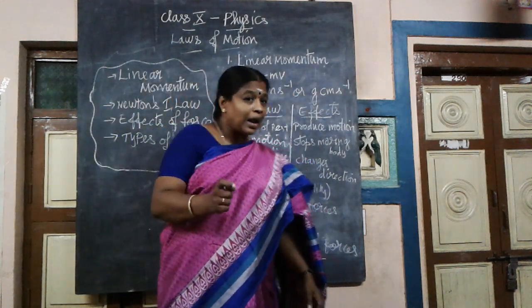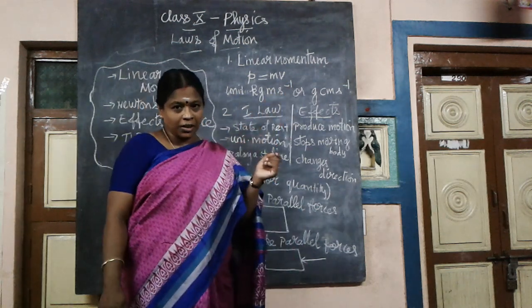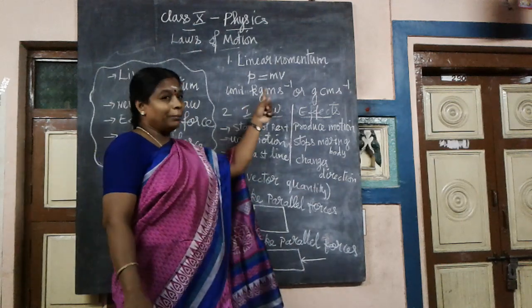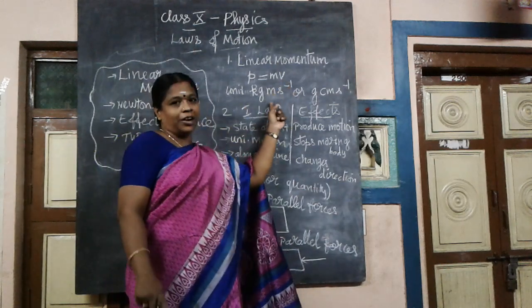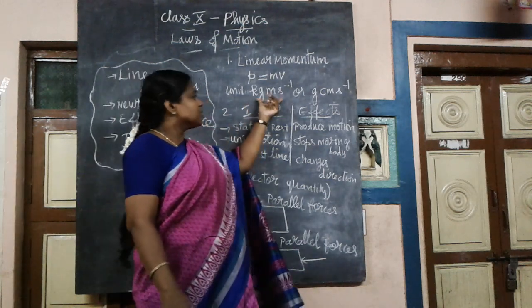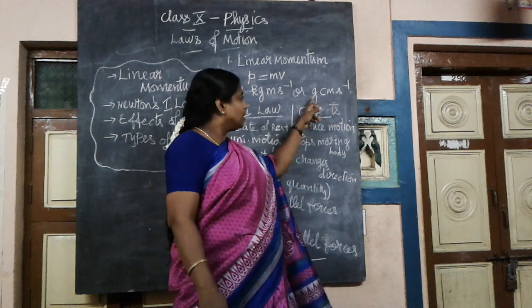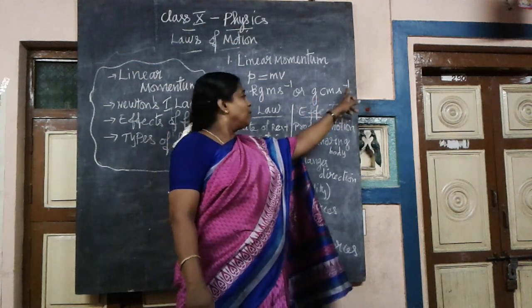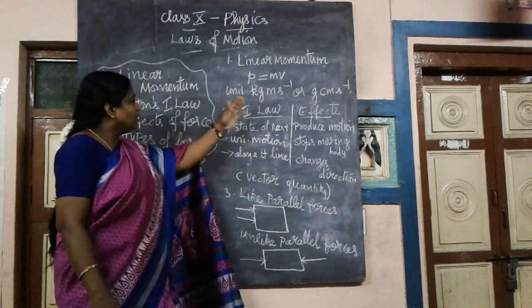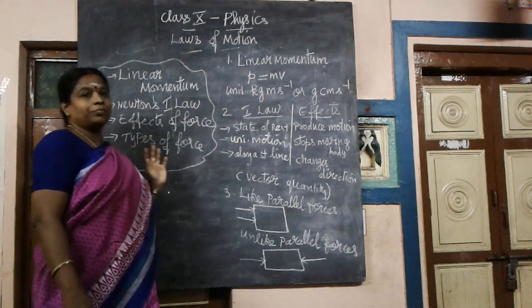It is kilogram meter s power minus 1. Correct pronunciation? Kilogram meter per second. So this is an SI unit. Now in CGS unit, gram centimeter per second.